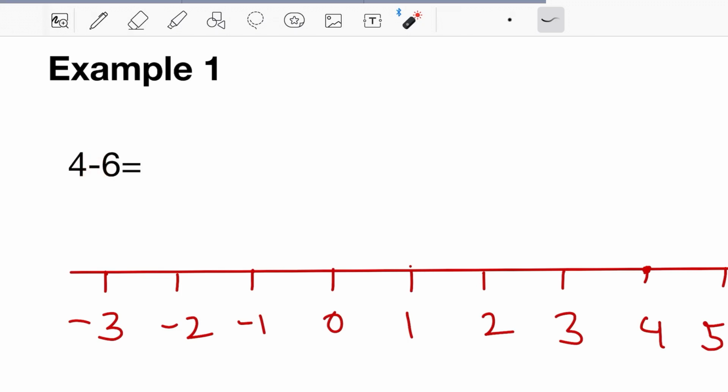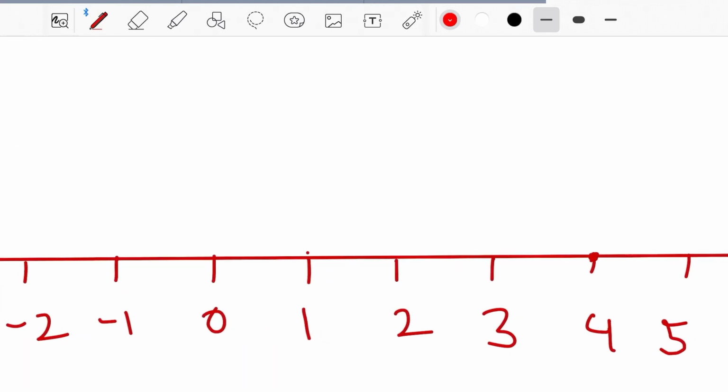So since this is a negative sign, we are moving to the left. And we have this number here, which tells us how many spaces we need to move. So we have starting at 4, moving to the left, and moving 6 spaces to the left. And whatever number we land on is going to be our answer.